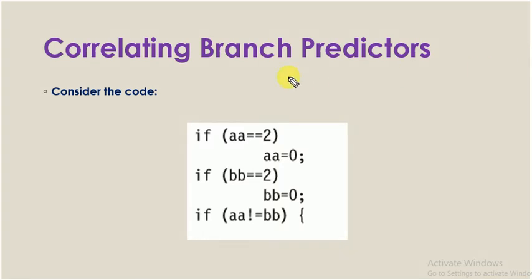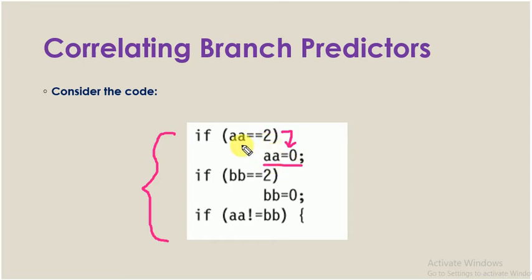Consider one example. You can see a set of branch statements here. It's very simple code. If A is equal to 2 and it is true, it will enter the body, where we assign A equal to 0.